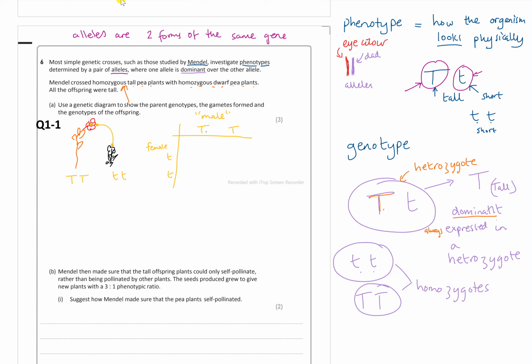So you've got big T, small t, big T, small t, big T, small t, big T, small t. So what's happened? Look, we've crossed this with this. We've ended up with that T is there, and this t is here. And it'll be the same all the way through.